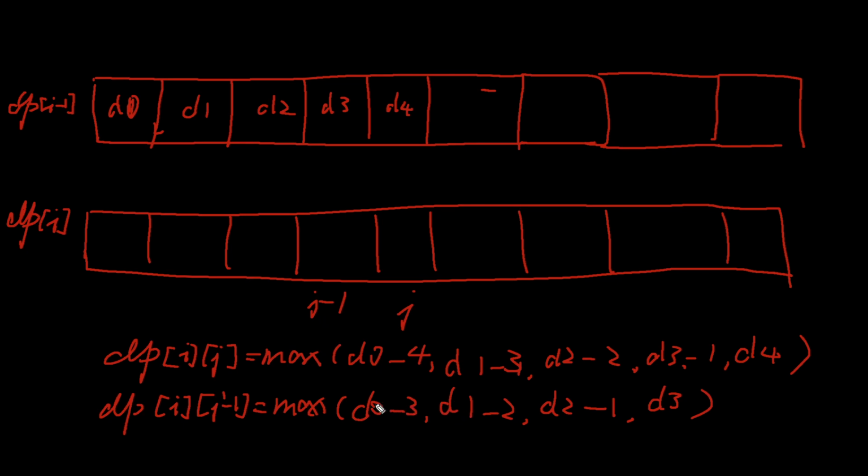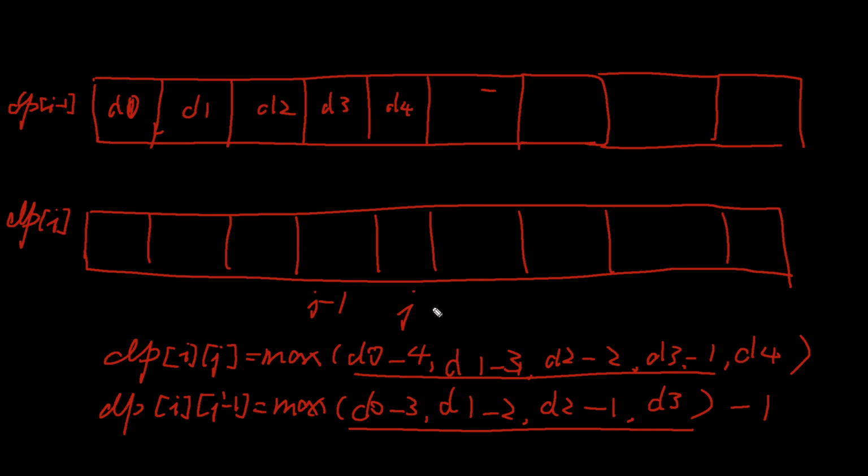I think you guys already see a pattern here, right? See this part and this part, they're exactly the same, except for what? If we use this one, the dp i, j minus 1, and do a minus 1 on it, we get the dp i, j, right?